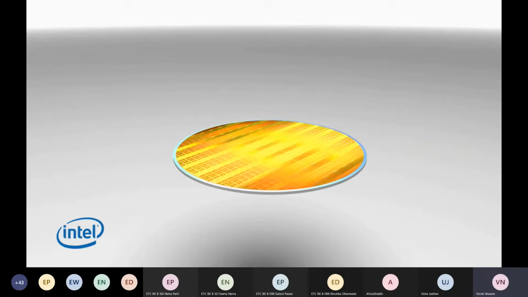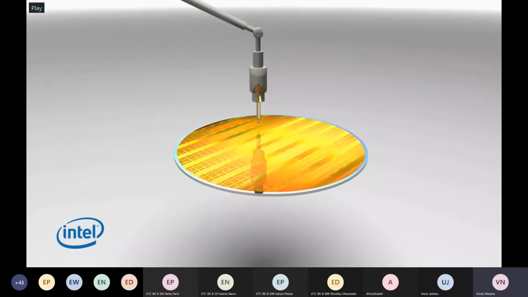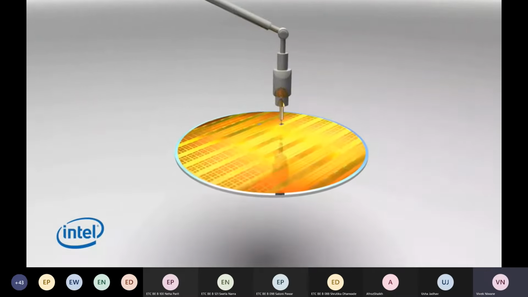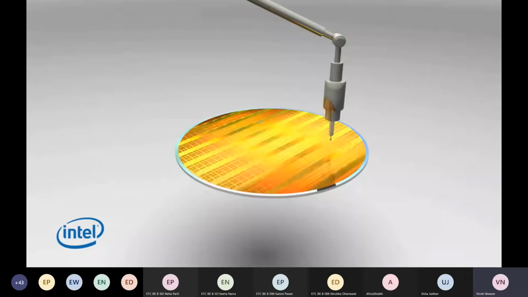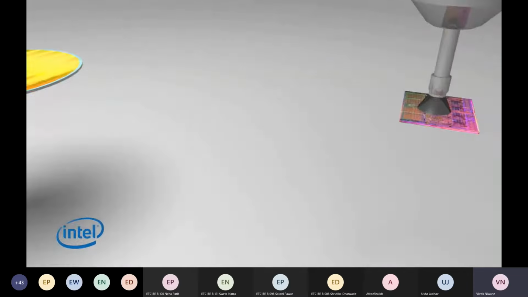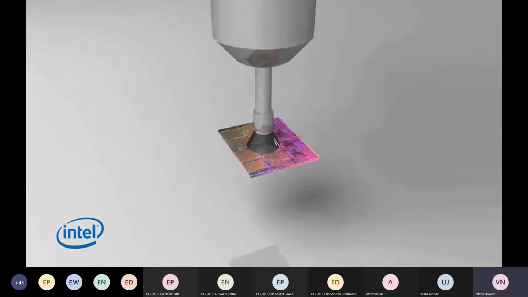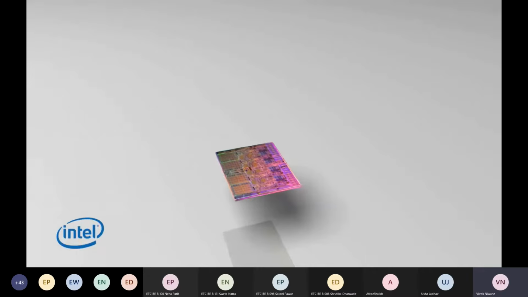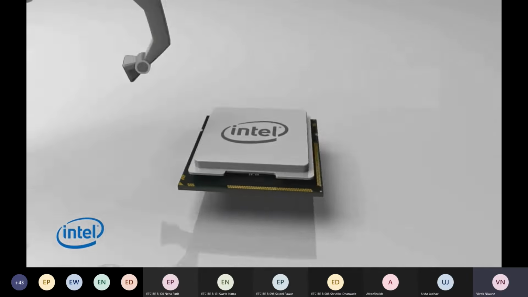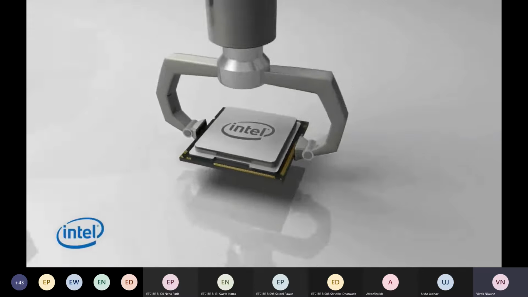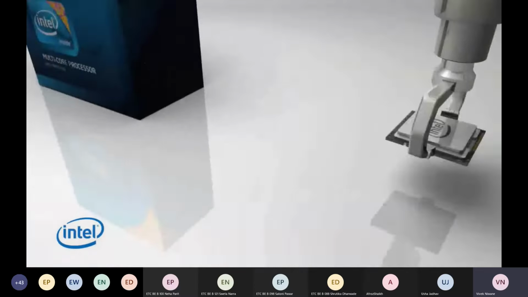The processors are cut down from the wafers by using laser cutting. Now a robotic arm is picking up the individual die of the processor, and here comes the packaging, and it goes to the market.